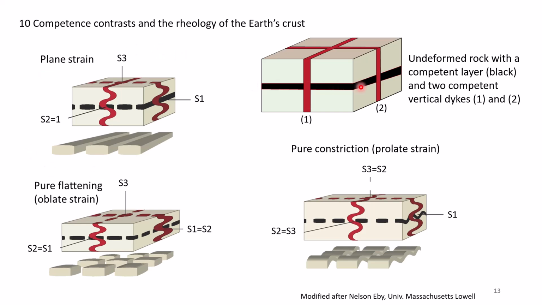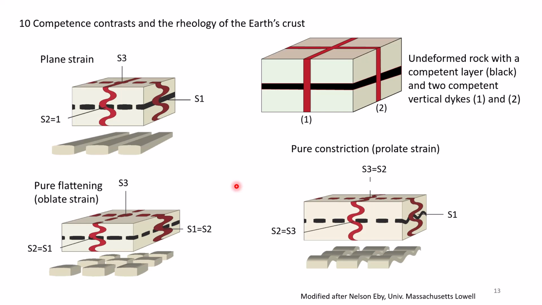The best example is probably our competent layer forming simple boudins in that case, chocolate block boudins in the pure flattening example, and in the pure constrictional example we see folded rod-like geometries forming from our competent layer. I'm aware of the complexity of the structures that we see on this slide, but you will benefit a lot studying carefully what happens under which type of strain, depending on the orientation of the strain marker.